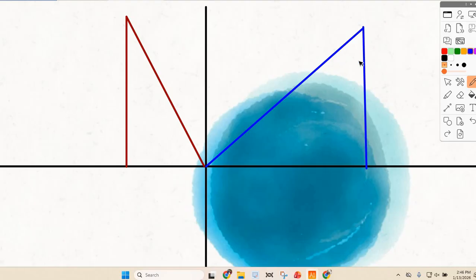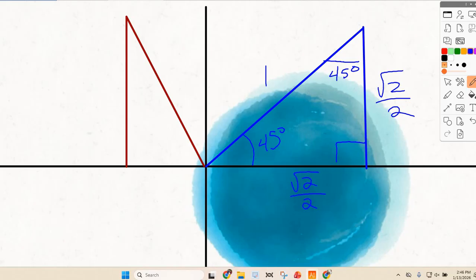So, what did I make this one? I think I made this one my 45. This one is also 45. And that's my 90. And we said that this is 1, this is square root of 2 over 2, and this is also square root of 2 over 2. So, remember that sine is what over what?